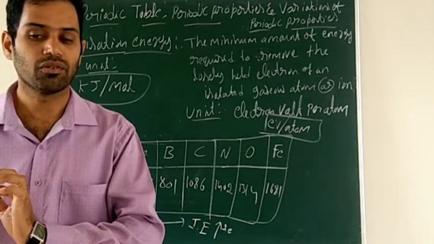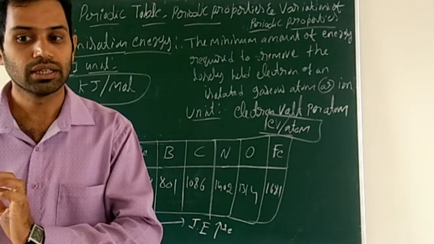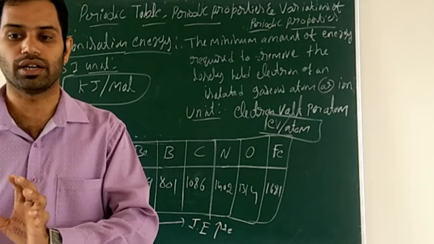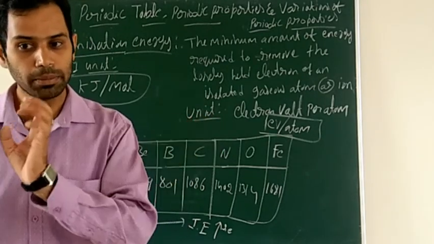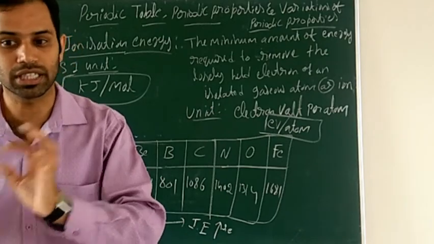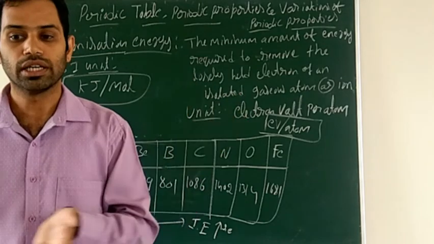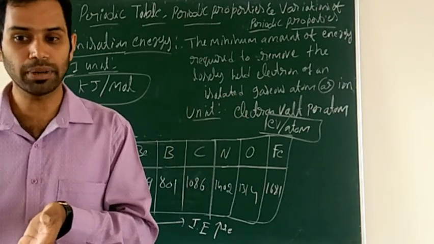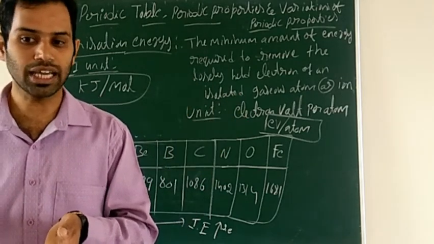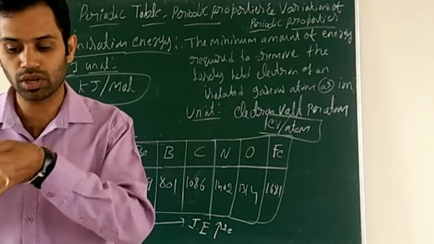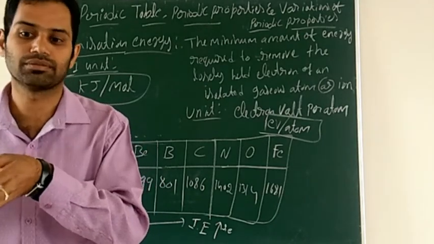At that time, only a minimum amount of energy is required, not a large amount, because atomic size is more now. More atomic size means more shells, so the nuclear pull is a little less compared to the atomic size. The attraction of electrons toward the nucleus is a little less.